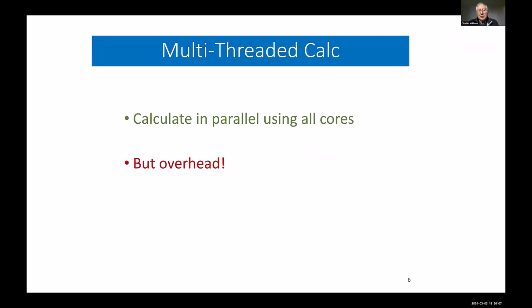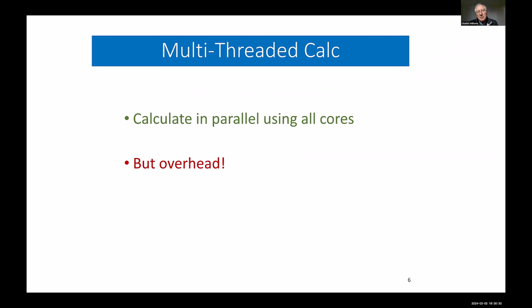Now, one important thing to talk about with Excel is multi-threaded calculation. What Excel tries to do when you ask it to calculate a workbook is to spread the calculations across all the cores on your PC and calculate things in parallel.